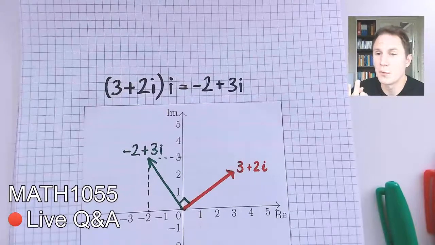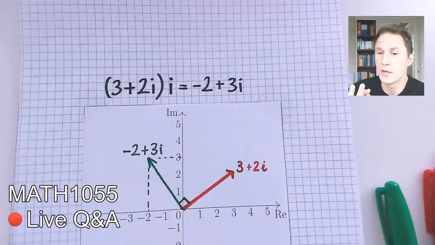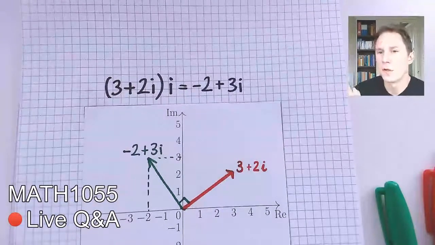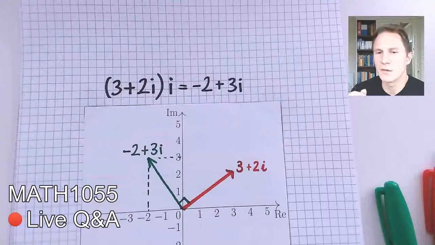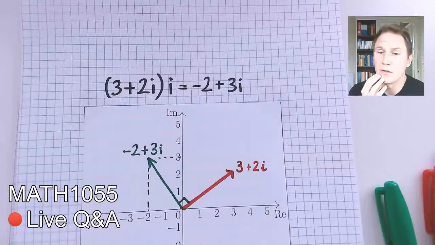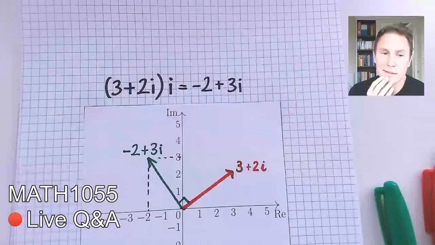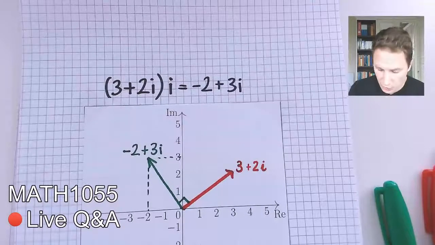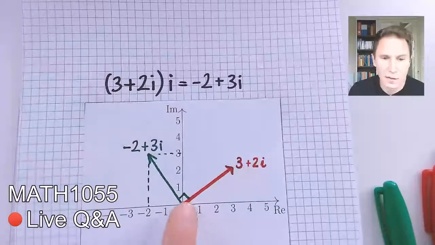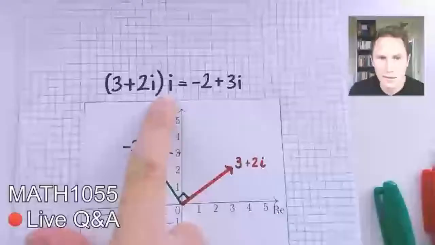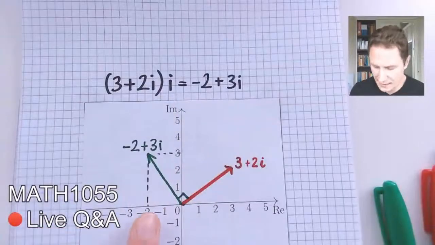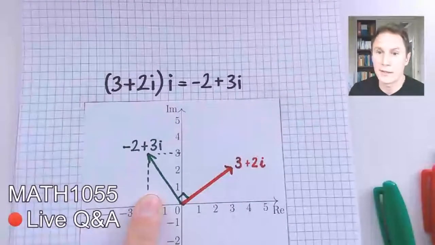You flip the two coordinates and change the sign of the first coordinate. So that's exactly what's going on here. If you know about matrices and matrices of rotations about the origin, you might be able to connect these things. So in short, multiplying by i leads to a 90-degree rotation in the counterclockwise direction.